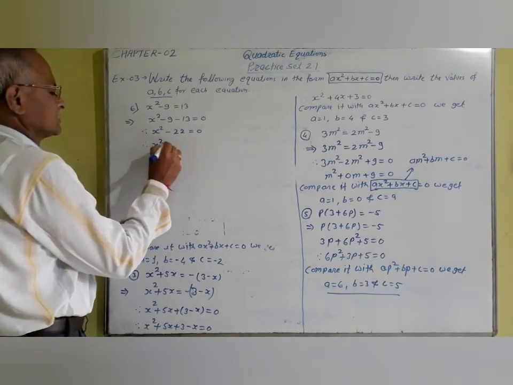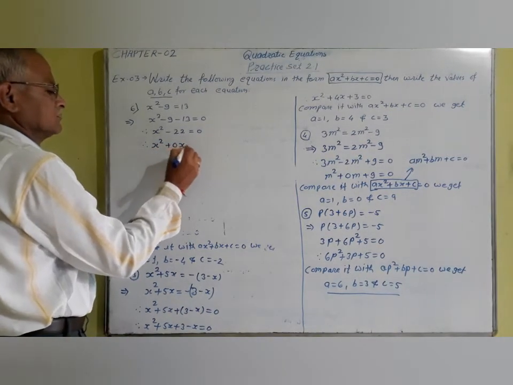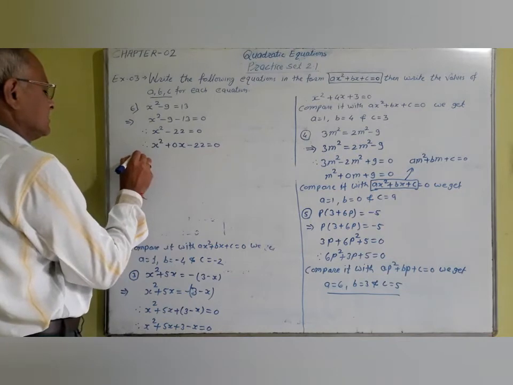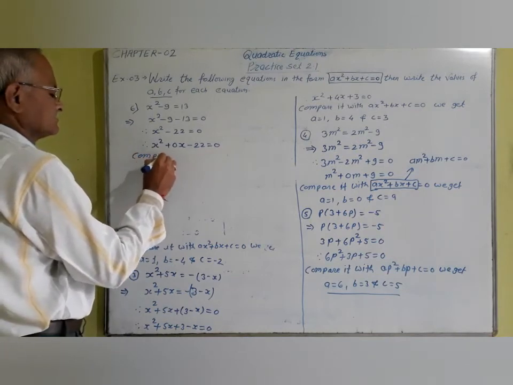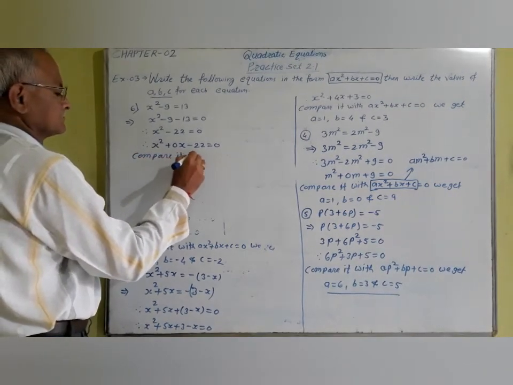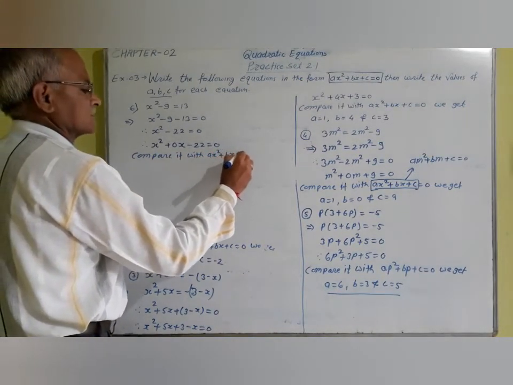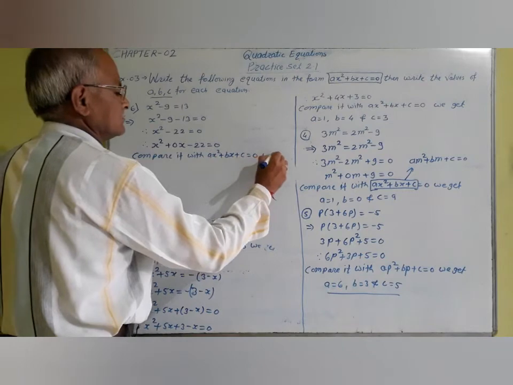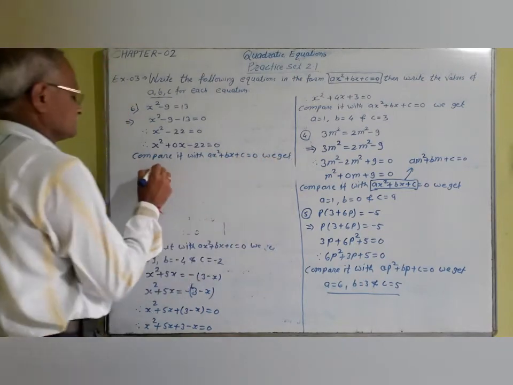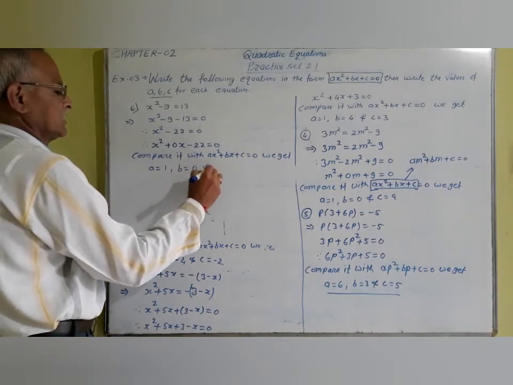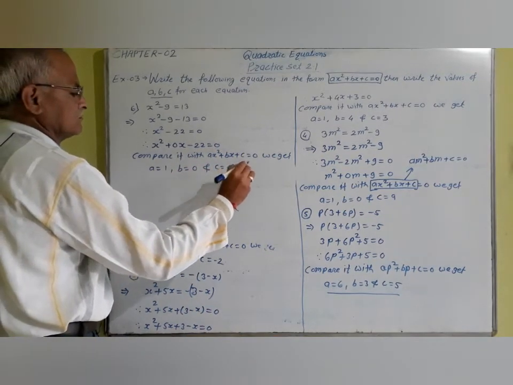Therefore, we write it by taking its coefficient 0: 0x minus 22 is equal to 0. Compare it with ax square plus bx plus c is equal to 0. We get a is equal to 1, b is equal to 0 and c is equal to minus 22.